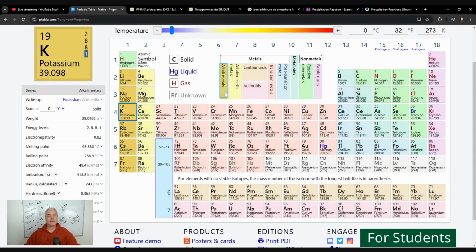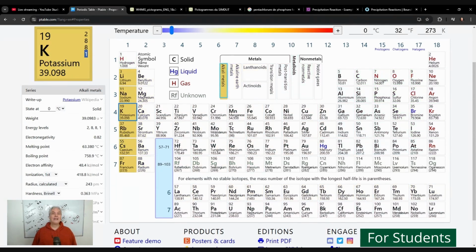So we have the alkali metals here. What's interesting with those is that they tend to be solid at room temperature. They dissolve in water nicely, and when they do, they conduct electricity. They tend to have a cubic shape as a solid.